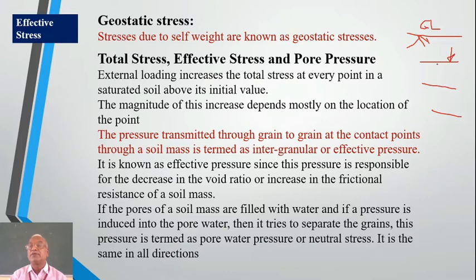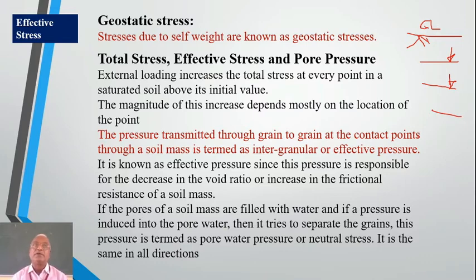But suppose here the unit weight changes and there is a 1 meter depth. Now what is the vertical pressure? Obviously this pressure plus this additional one. That pressure, which is because of the existence of soil, is known as geostatic stress, right? Obviously it will be acting vertically downwards.